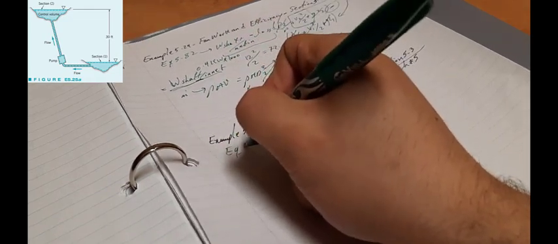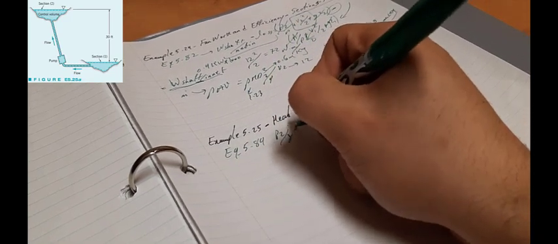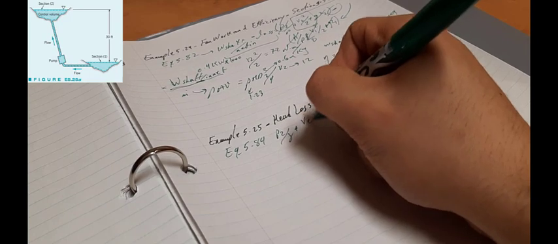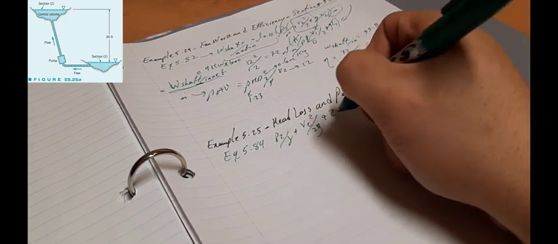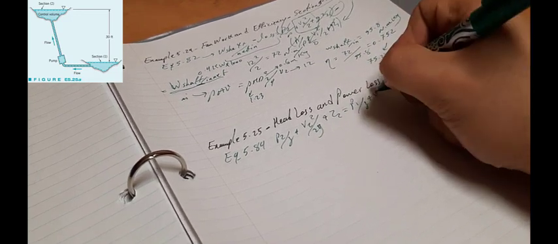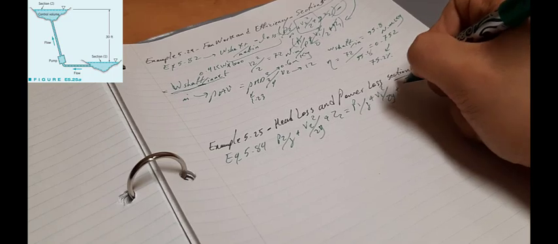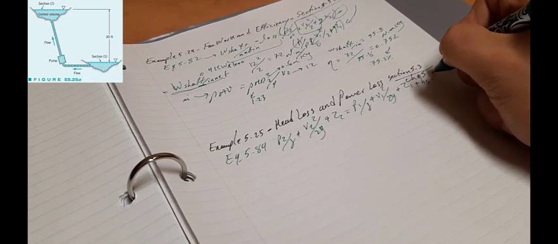For this assignment, we have to use equation 5.84, which is P2 over gamma plus V2 to the power 2 over 2g plus Z2 is equal to P1 over gamma plus V1 to the power 2 over 2g plus Z1 plus HS minus HL.